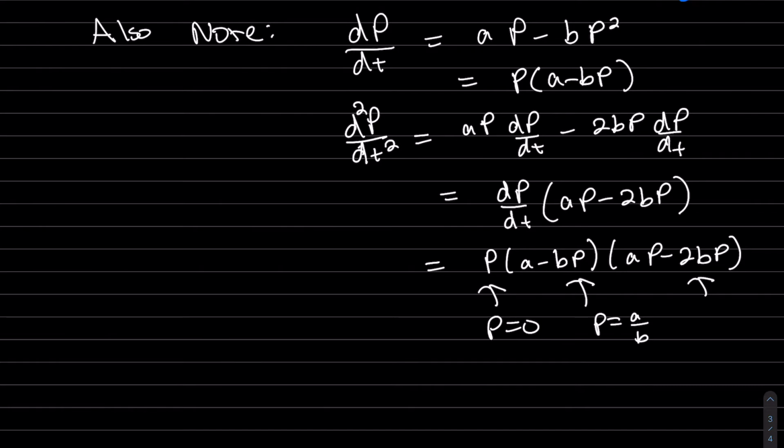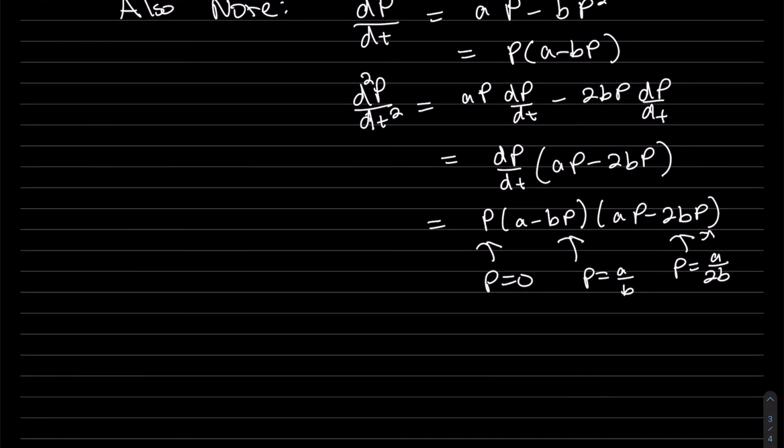And this one, we set that equal to 0. We get P equals a over 2b. I think that's our inflection point.